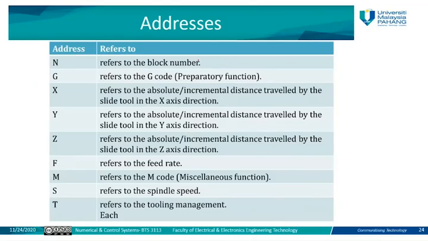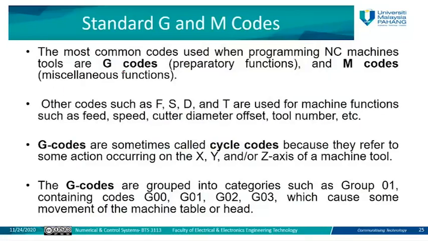So this is the summary or the definition in a table. Just refer to it. The standard G and M codes are the most common codes used for CNC programming. For G, we have many G numbers which are used to define different tasks required by the machines.